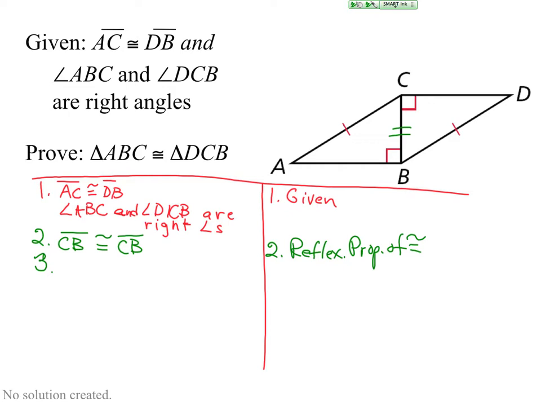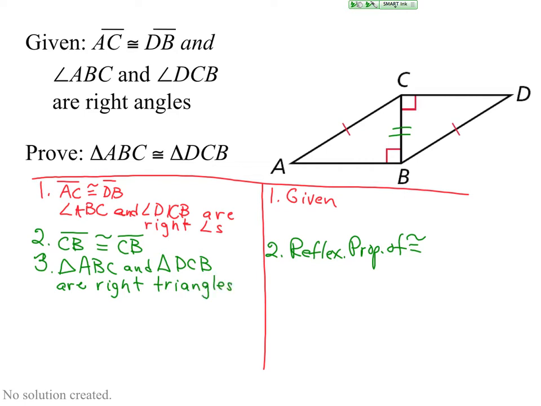But we do need to have something more in here before we can say hypotenuse leg, because we have not stated that there are right triangles. But we can get there pretty easy. So we simply need to have in here triangle, not just angle, but triangle ABC and triangle DCB are right triangles. Is that the same thing that the given says?